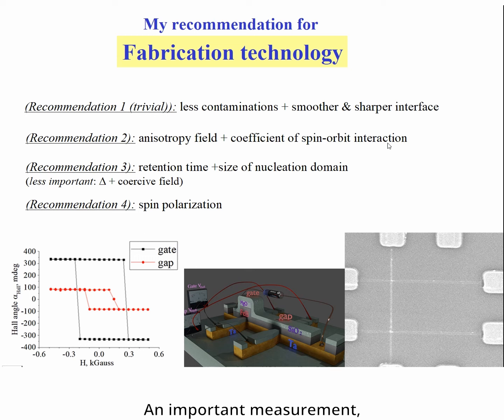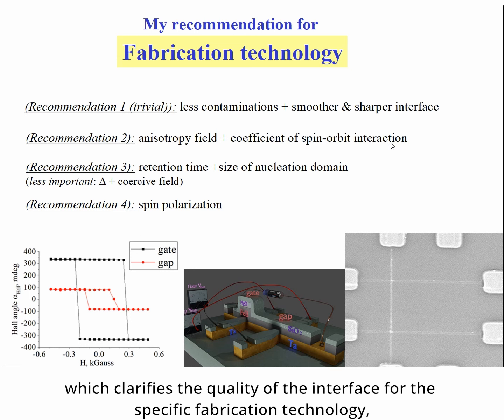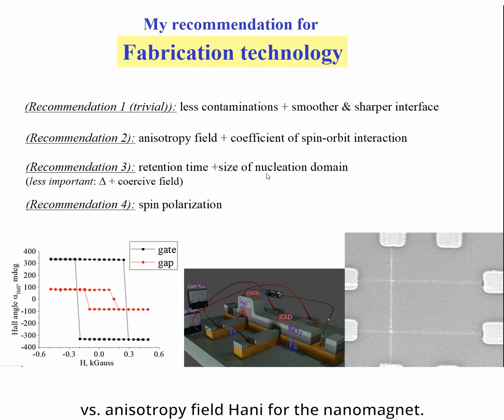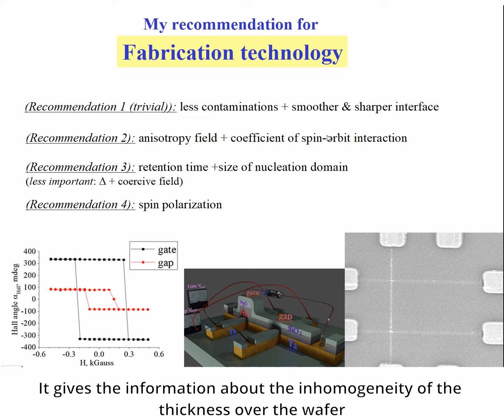An important measurement which clarifies the quality of the interface for a specific fabrication technology is measurement of the coefficient of spin-orbit interaction versus anisotropy field. For the nanomagnet, it gives the information about inhomogeneity of the thickness over the wafer and about the quality of the interface.